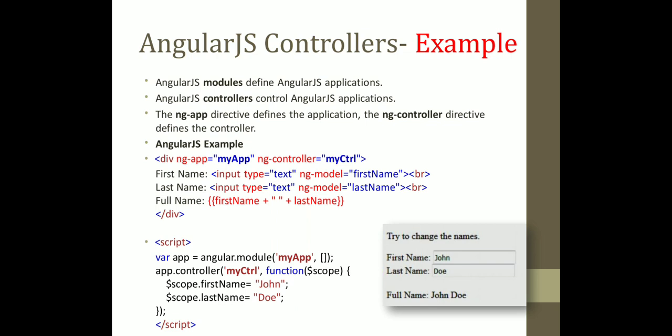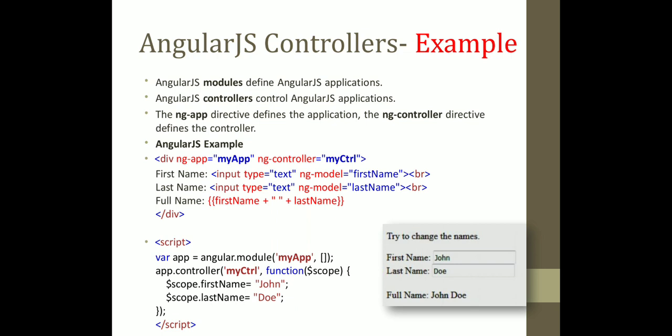As already told, the controller uses scope as a parameter, and scope objects are used to communicate with the view and model parts. Then dollar scope dot first name John and dollar scope dot last name Doe.